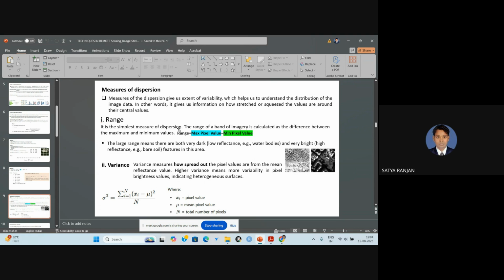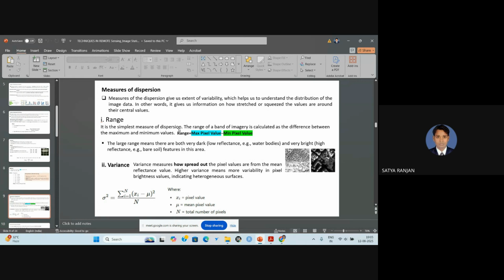So how the distribution is present over the whole area. It is calculated based on range, variance, and other factors. The range is the simplest measure of dispersion, calculated as the difference between the maximum and minimum values.